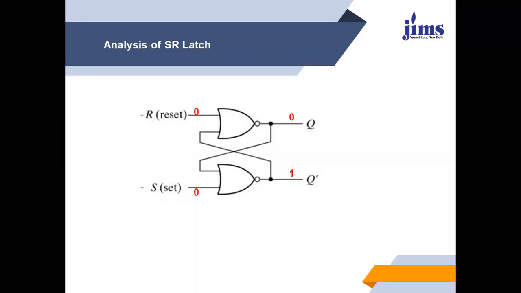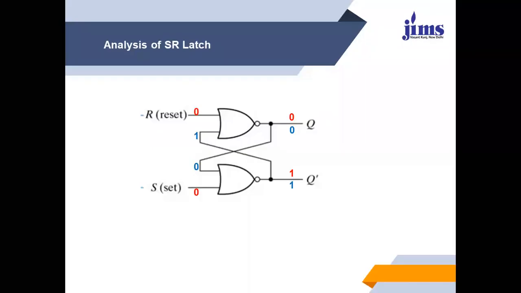Again, we start our analysis with the NOR gate which has a single input of 1. So here the 1 from Q bar is fed back to here. Then the output of the NOR gate having a single 1 at the input will be 0. Now again this 0 is fed back here, and with S 0 and the other input 0, the output should be 1.